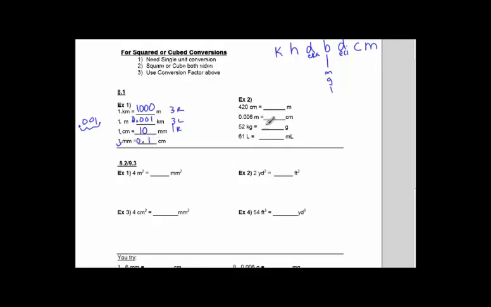Okay, and then we'll do the same thing here. 420 centimeters, beginning with centimeters and going to the base of meters, I'd move to the left 2 places, the decimal, which would give me 4.20.